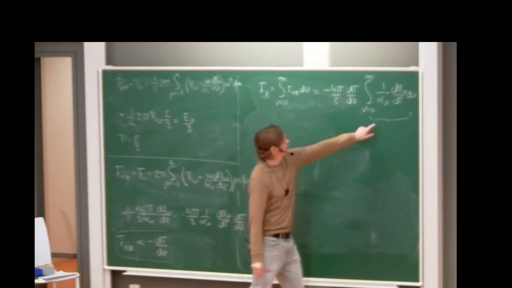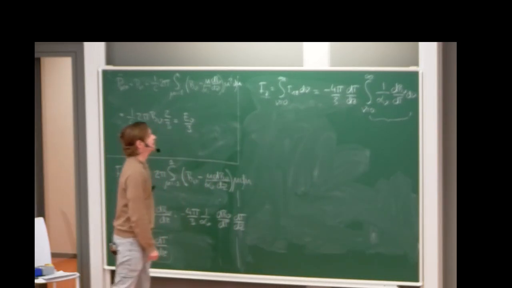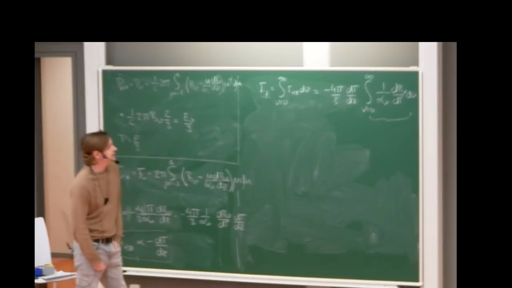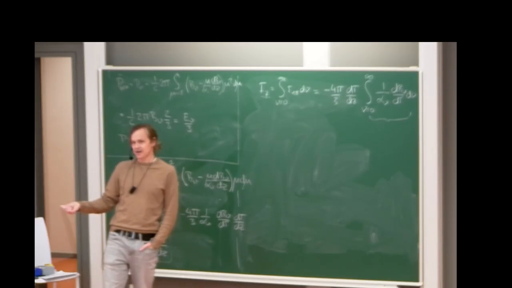Now, often you will find this defined as a harmonic mean called the Rosseland mean opacity.